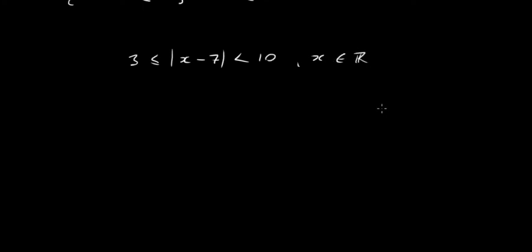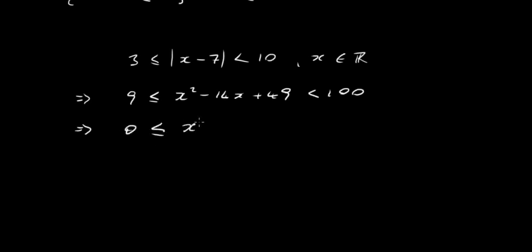So you can say here this is 9, this is going to be x squared minus 14x plus 49 again, and this is going to be 100 over here. What you can do now is subtract 9 from all sides. So you get 0 here, you get x squared minus 14x plus 40 here, and here you get 91.